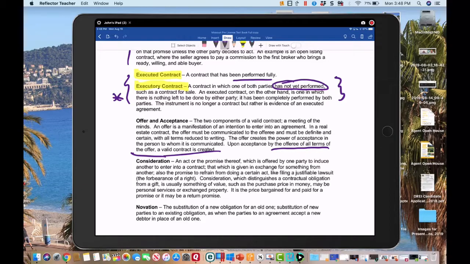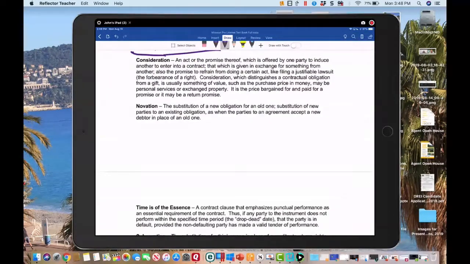We talk about consideration. I'm going to skip past that and get into novation. Novation is the substitution of a new obligation for an old one. It is the substitution of new parties to an existing obligation, as when the parties to an agreement accept a new debtor in place of an old one.